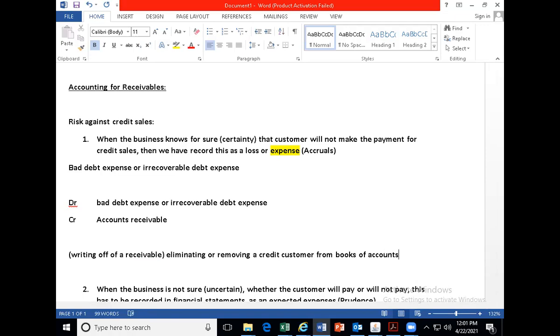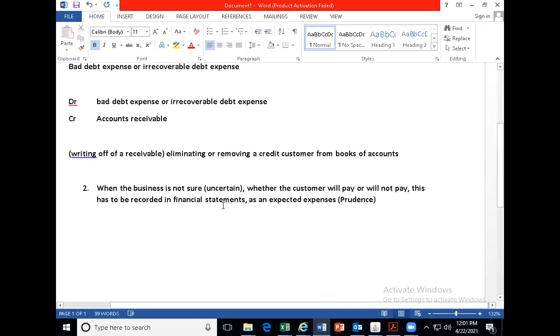As the customer has died or will not pay, we are removing the customer, believing that the customer will not pay. So this has become our expense. So we debit bad debt expense and credit the accounts receivable. This is based upon the accruals principle.